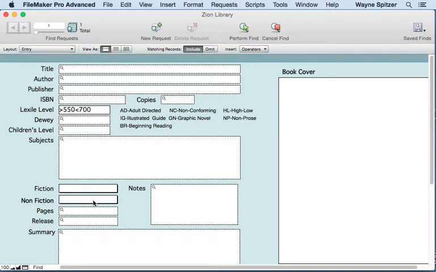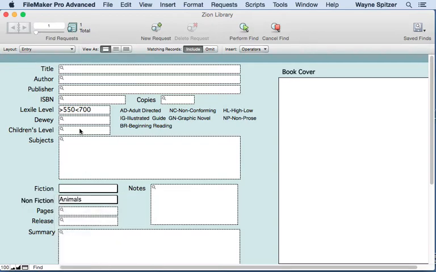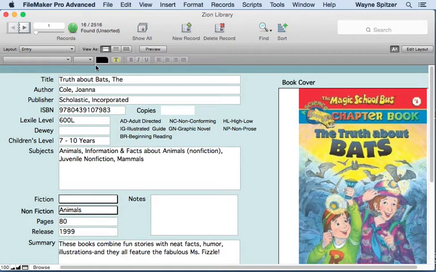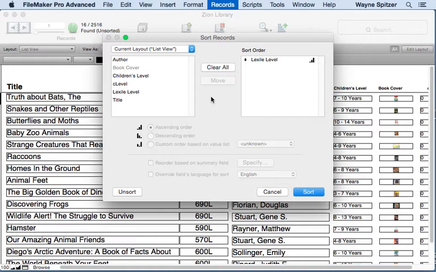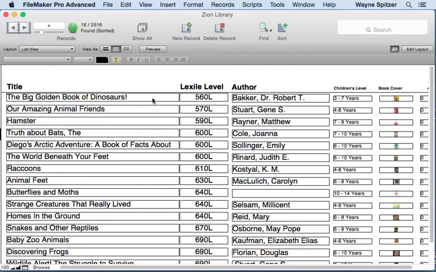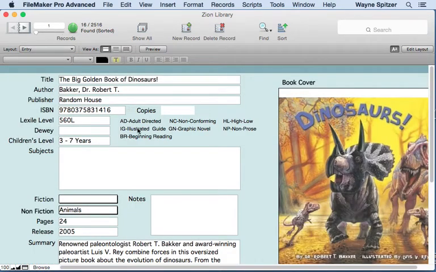And let's say that we know that he likes nonfiction and he likes books about animals. Let's see what we find. In this case, we only found 16. All right. Did I sort that? Let's see. Sort it by Lexile levels, and we start here.